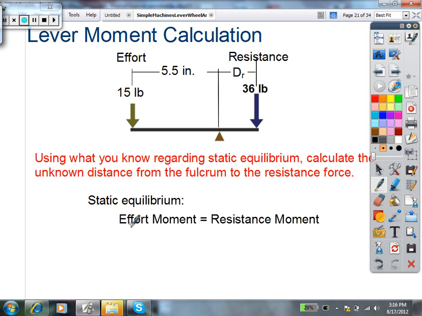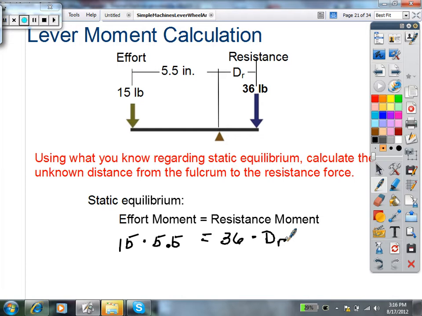So we have 15 pounds times 5.5 inches. That's going to be the effort moment, and that's going to equal 36 pounds times the distance away the resistance is from the fulcrum. So we'll call that dr.